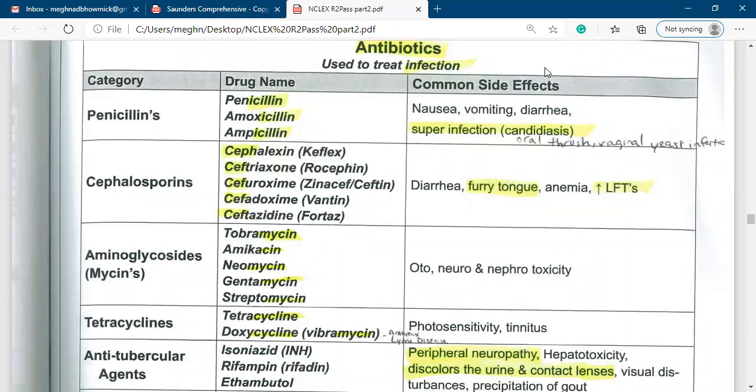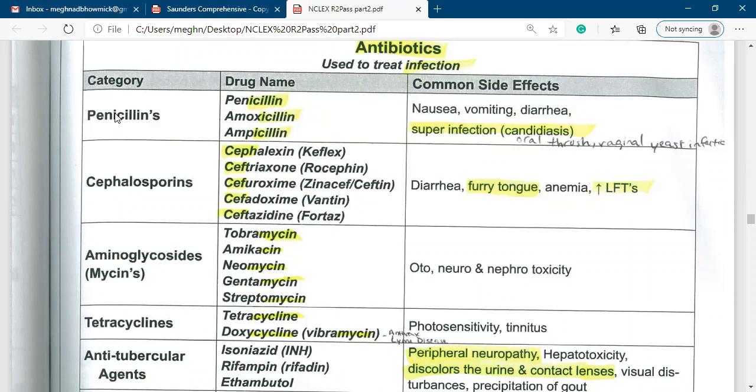There are several categories of antibiotic. One of them is penicillin, right? Penicillin is a narrow spectrum.